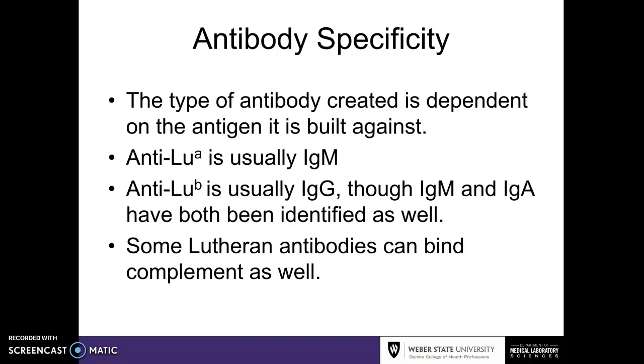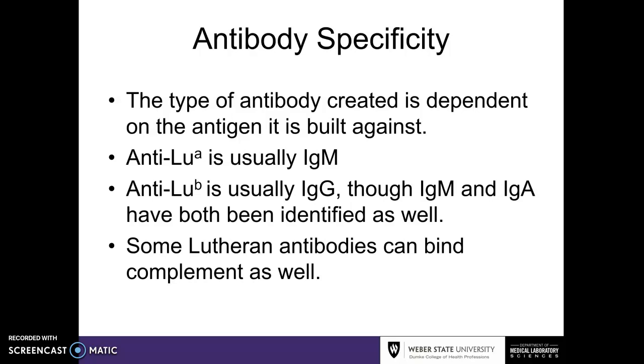Those that are able to create the Lutheran antibodies, the antibodies tend to be a mixture of different antibody types. For example, anti-Lutheran A is usually IgM and is reactive at room temperature, not so much at 37 or in the AHG phase.